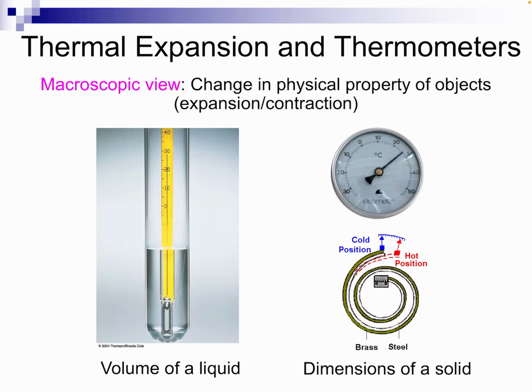Right, and so I'll do this demonstration again because it's cool. I brought liquid nitrogen again, -200 degrees Celsius. And I have this balloon dog filled with gas, of course.